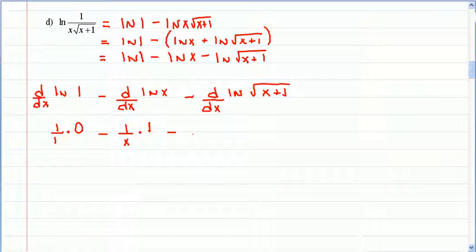And then minus the derivative of the ln of the square root of x plus 1 is 1 over the square root of x plus 1, and I have to multiply it by the derivative of the square root of x plus 1. So the square root of x plus 1 is the same as x plus 1 to the 1/2.